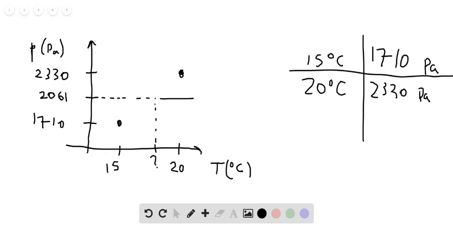And there are many ways this could go from one point to another, right? It's not necessarily linear. But I think in this problem, what they do is they assume a linear relationship here between those 2 points.